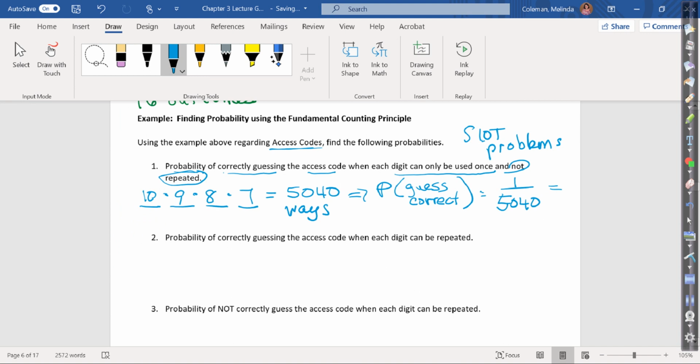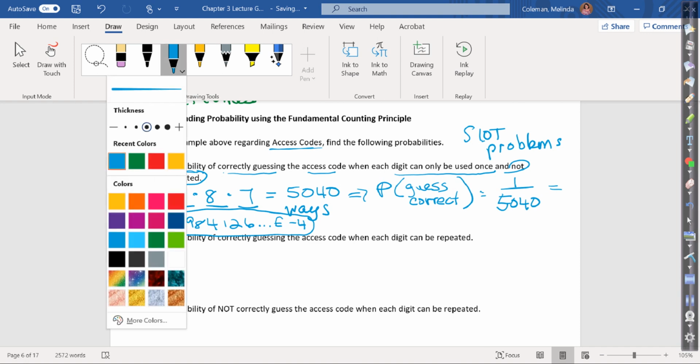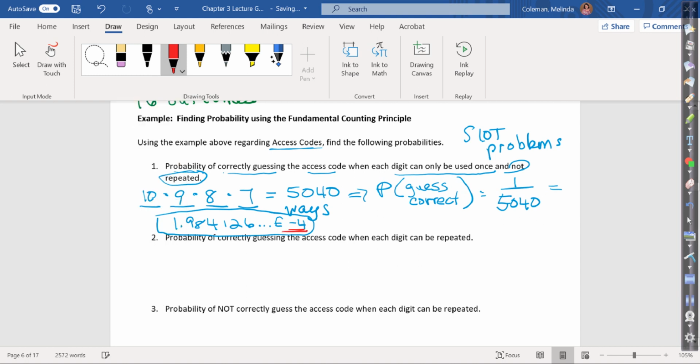So it was 1.984126 something, something, something. And then you had e negative 4. That number doesn't make sense to us until we put it out of scientific notation and into decimal notation. What the scientific notation is telling us to do is to take this decimal point, and because it's negative, we're going to move the decimal point 4 places left.